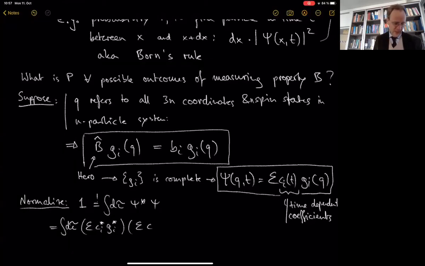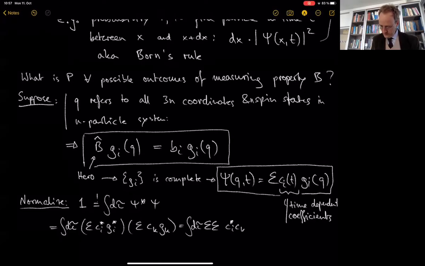And now we use the index i for the complex conjugate, so let's use k for the real part. And we can factor this out. All right.